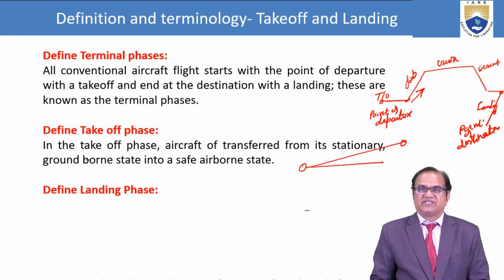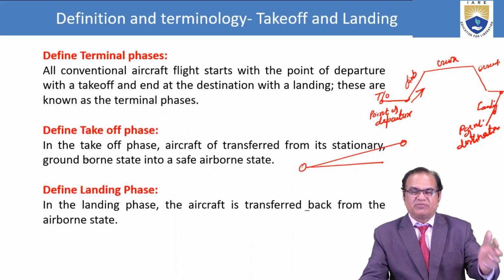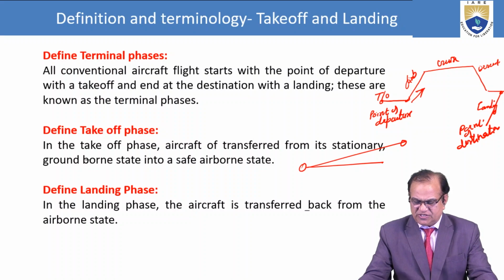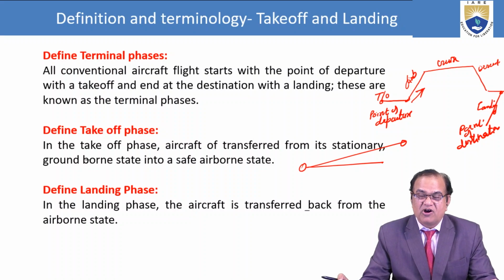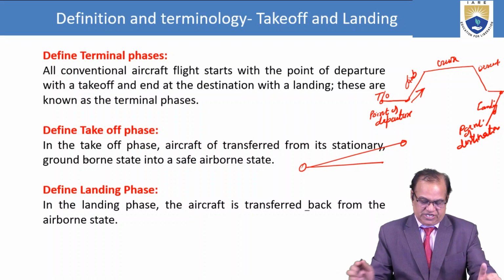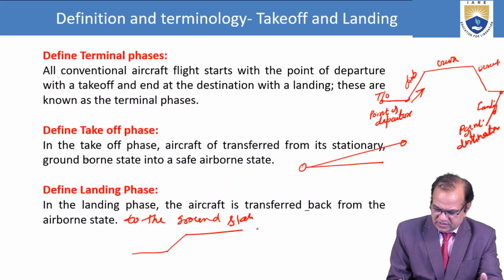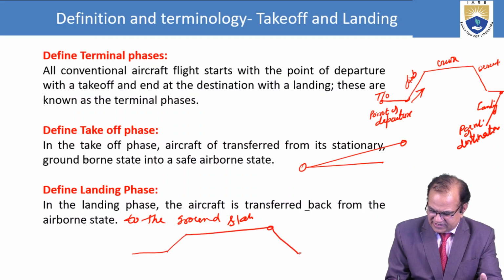Define landing phase. It is the reverse of the takeoff. In the landing phase, the aircraft is transferred back from the airborne state to the ground state. So here you are, this is the landing.